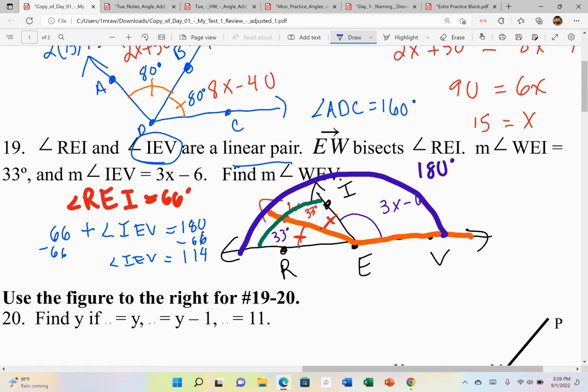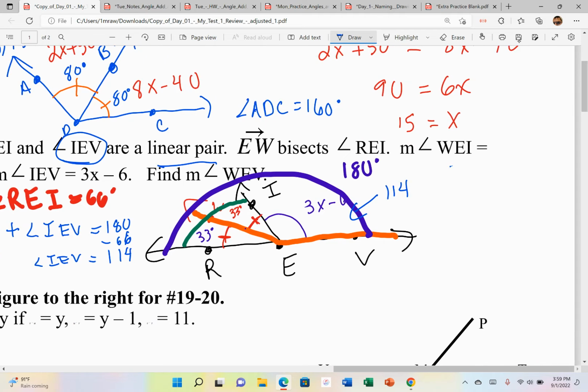Now that I know that this angle right here is 114, I can set up the expression 3x minus 6 equals 114 degrees. Or, well, I guess I don't really have to do that, right? I don't even need to solve for x.